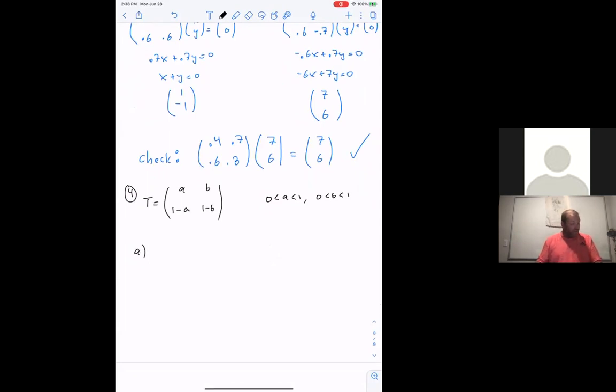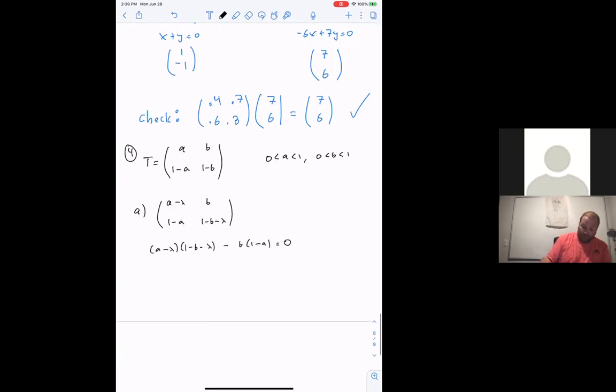Part A says, show that lambda equal 1 is an eigenvalue, and then determine the other eigenvalue. Well, no problem. We know how to do this. Subtract lambda along the main diagonal, leave the off diagonal alone. And then we take the determinant, which is A minus lambda times 1 minus B minus lambda minus B times 1 minus A, set it equal to 0.